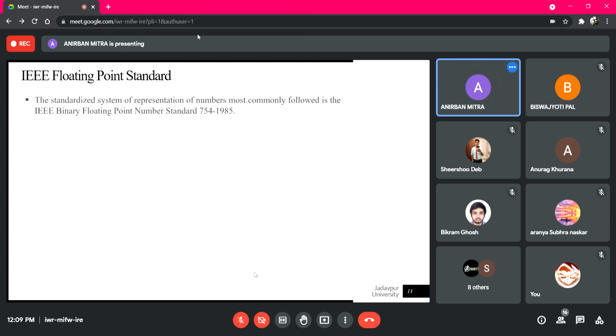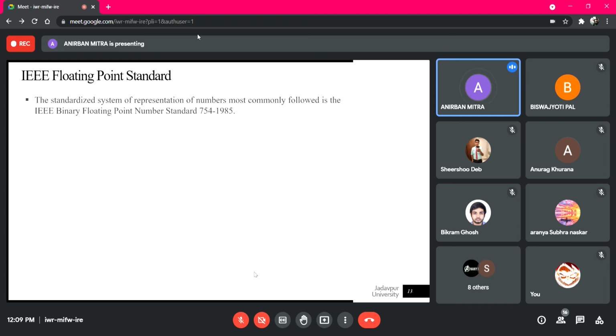So the Institute of Electrical and Electronics Engineers constituted a standardization committee, and the first standardized system of representation of numbers was floated in 1985. That is the year when all the computer manufacturers accepted these standards, which were known as the IEEE Binary Floating Point Number Standard.